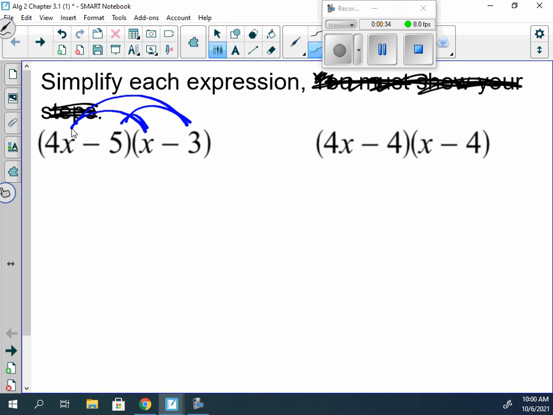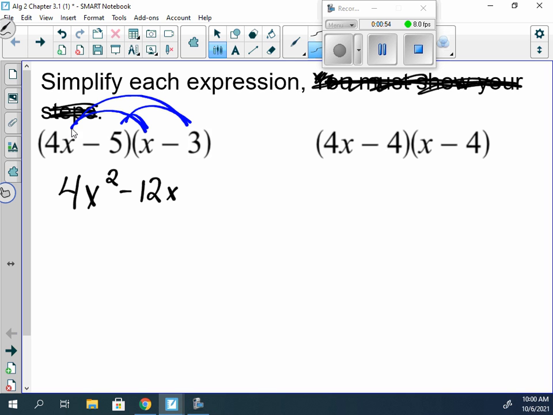And if we do this, well, 4x times x is 4x squared, because x times x would give us x squared. Now, 4x times negative 3, well, 4 times negative 3 would be negative 12x.